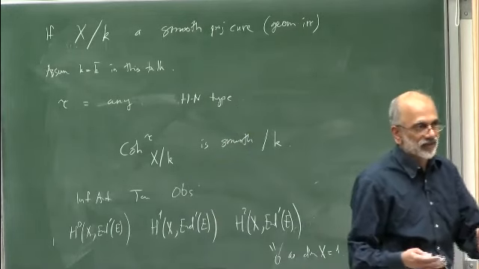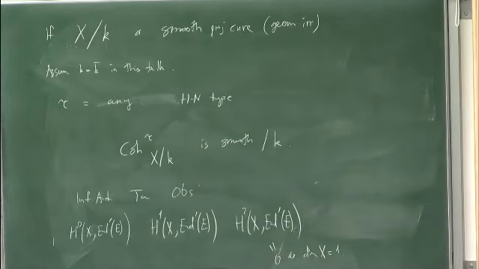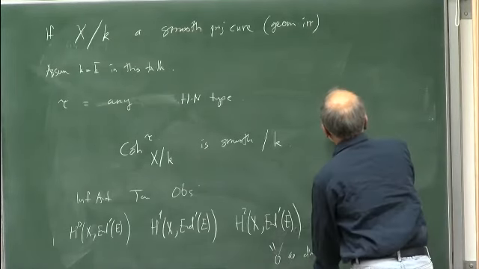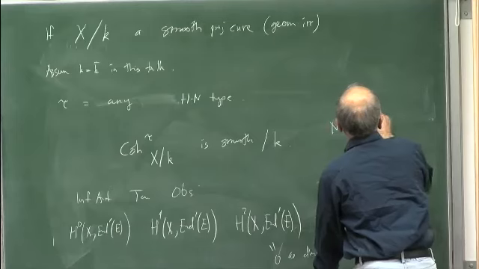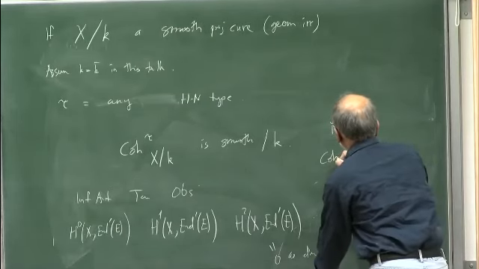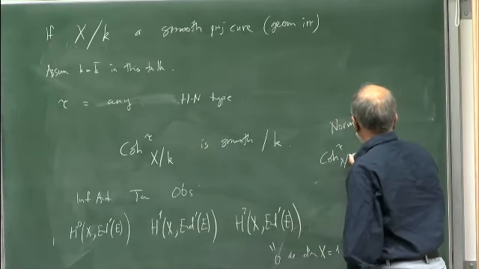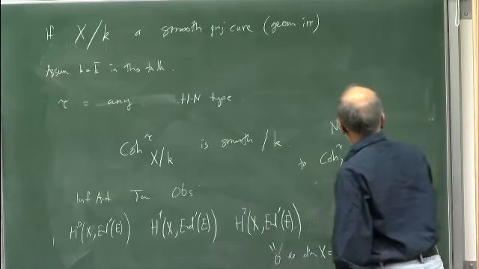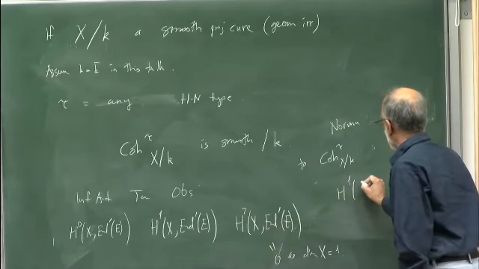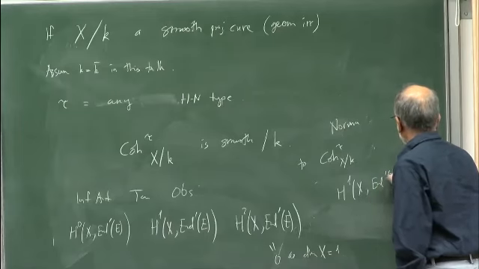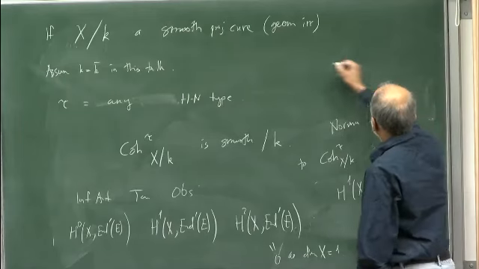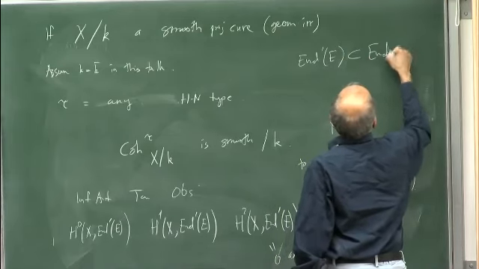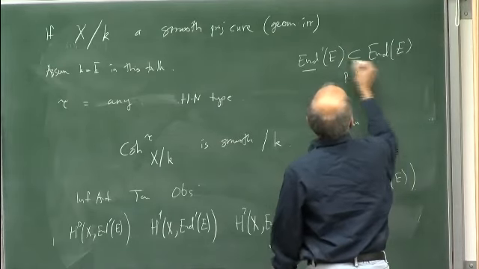So if you fix a Harder-Narasimhan type, you are going to get a smooth stratum, and the normal to the stratum Coh tau X by k is H1 of X, End'' E, where End' E preserves the filtration, this is the sheaf which preserves.